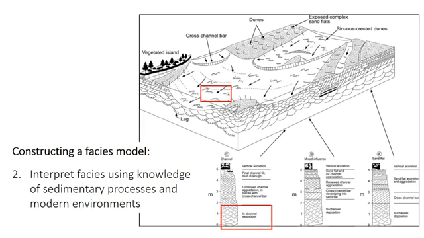So for example, I've highlighted the channel base environment here. It's the deepest part of the river, and it typically has the highest water flow, and so it will therefore have the highest energy bed forms. In a sandy braided river, those are likely to be large 3D dunes. You remember that dunes are typically higher energy bed forms. 3D dunes more so than the 2D dunes is a general rule of thumb.